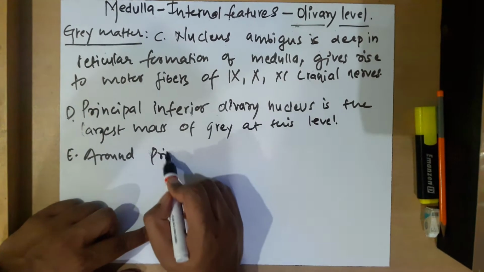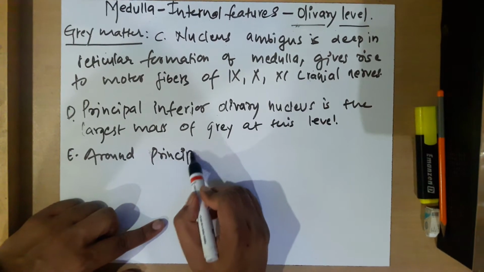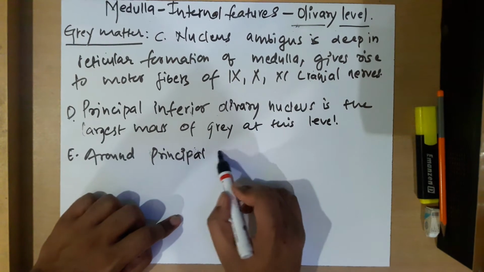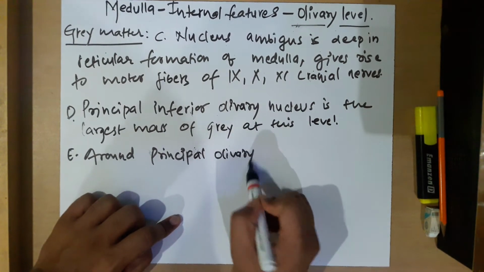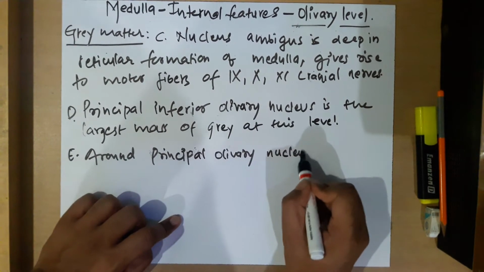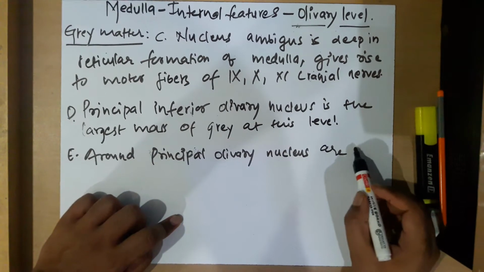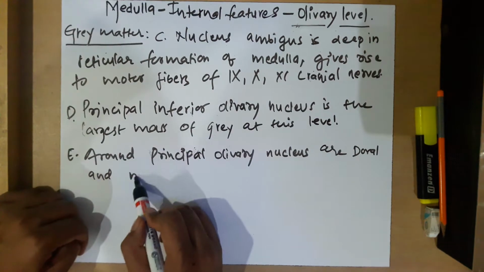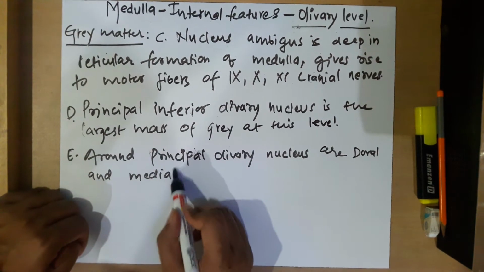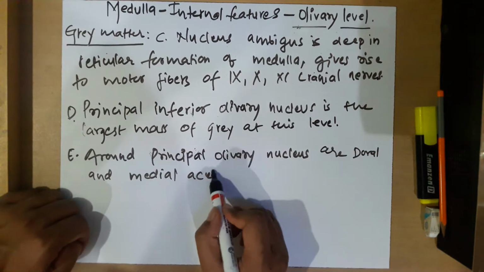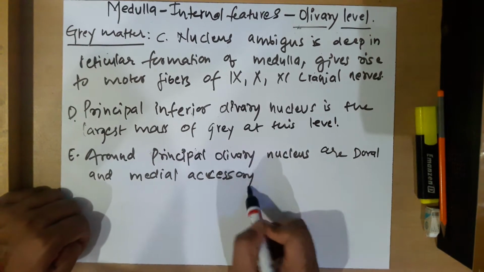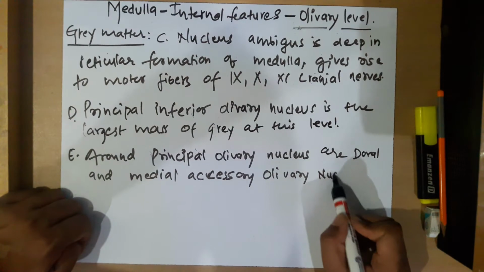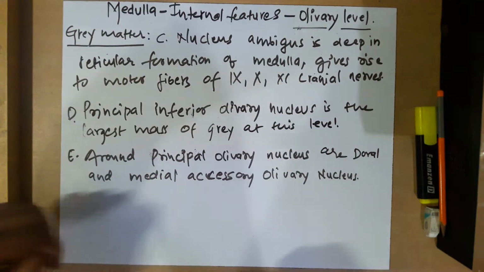Around the principal olivary nucleus are the dorsal and medial accessory olivary nuclei.